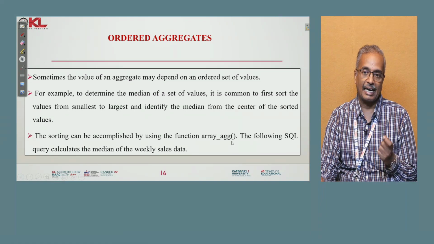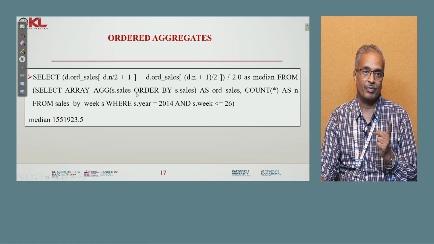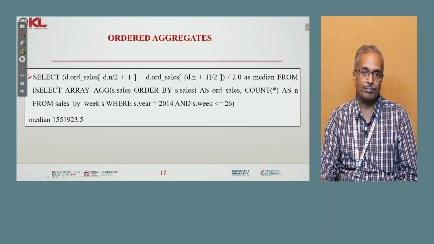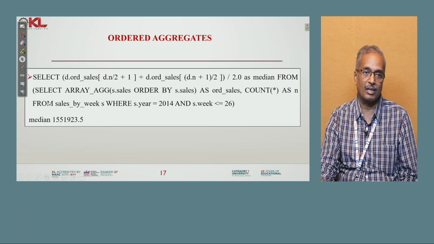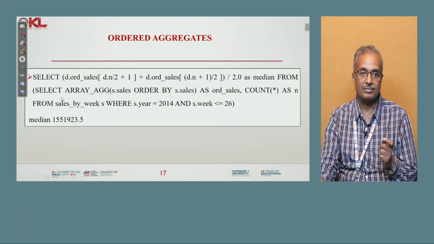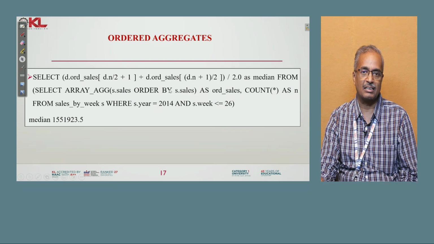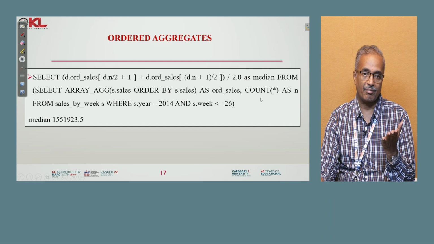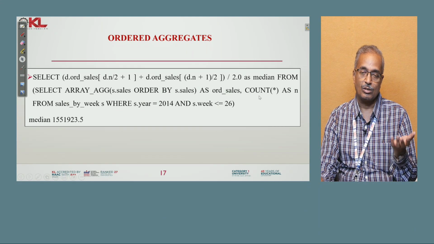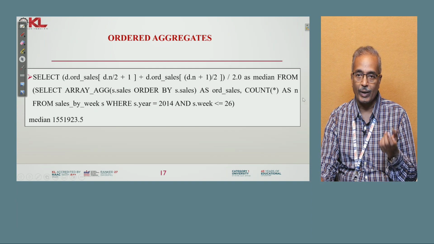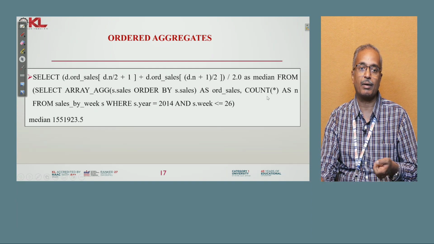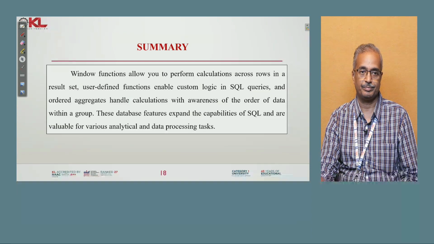For example, array_agg. Here you can observe that by using this we can compute the ordered aggregate. A very simple function. Actually here the count, how many values there are, is needed, because to work with the median value we require the number of items.